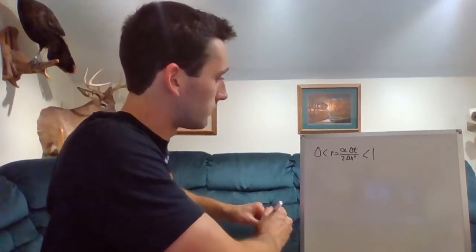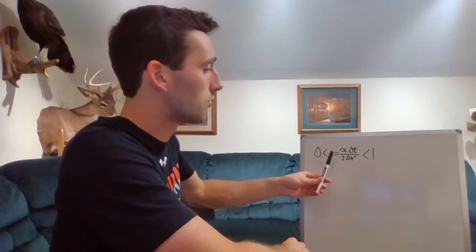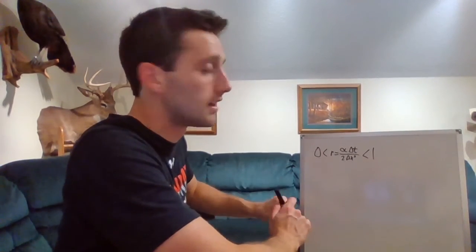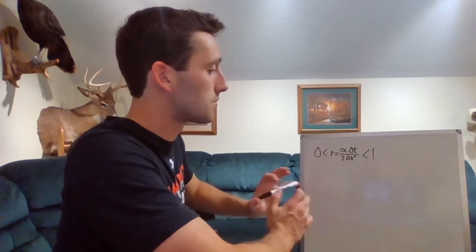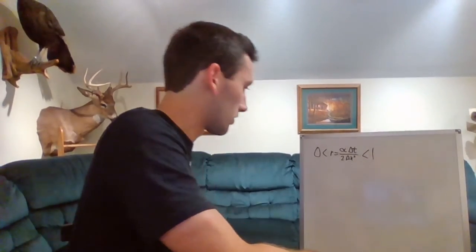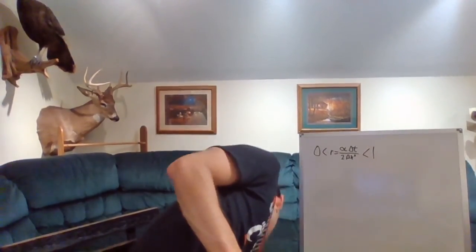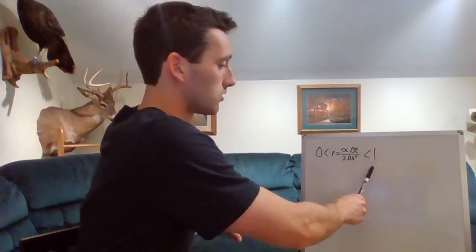So in the end we have that r, which is alpha times delta t, change in time, divided by 2 times delta x squared, which is change in position. Well, I dropped my marker. Must be greater than 0, but also less than 1.